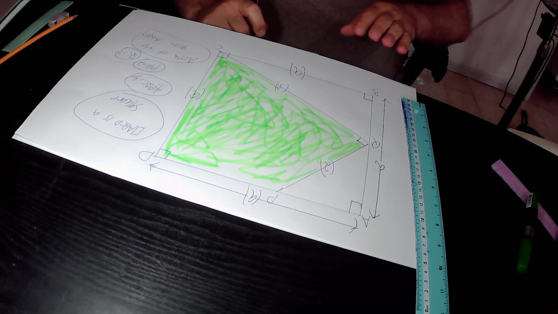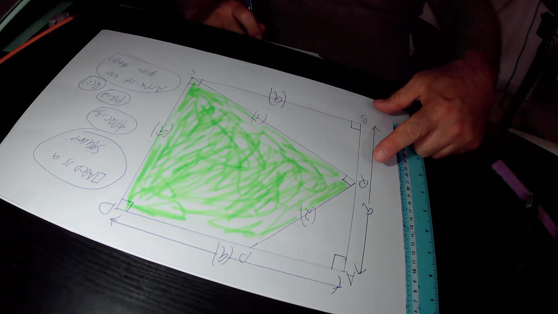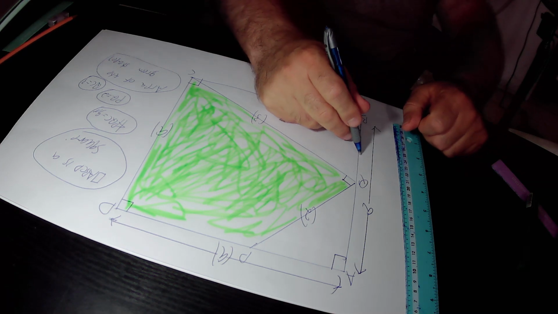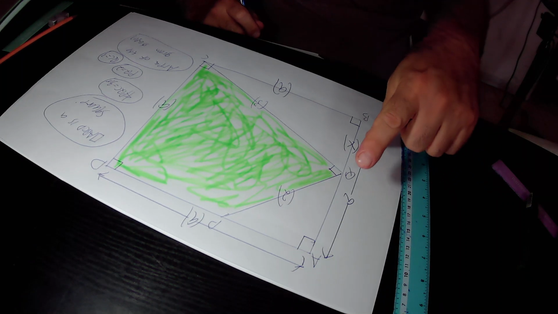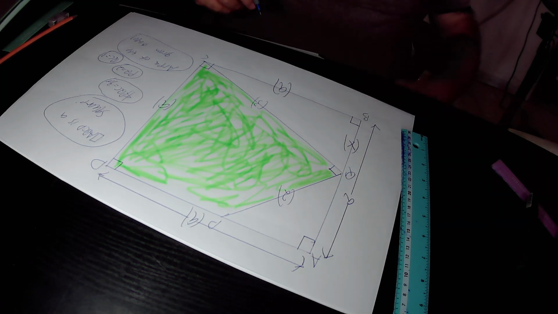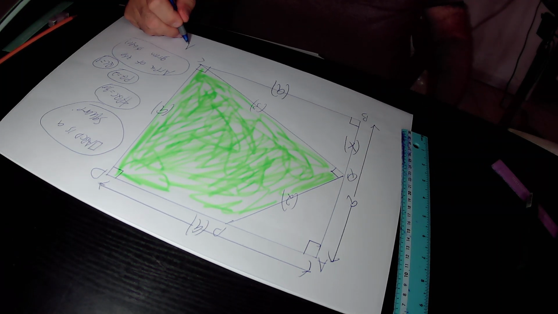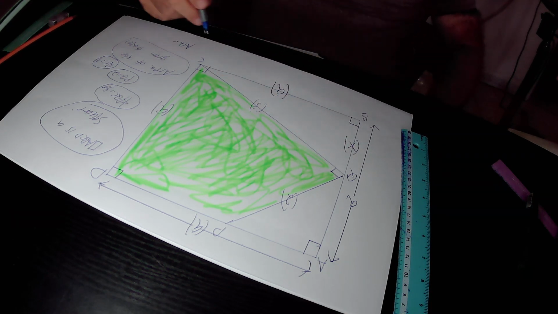In the next step, we define the length of this line segment BQ as X. So what is the length of this line segment AQ? From the drawing, it is very easy to see that AQ equals AB minus QB.